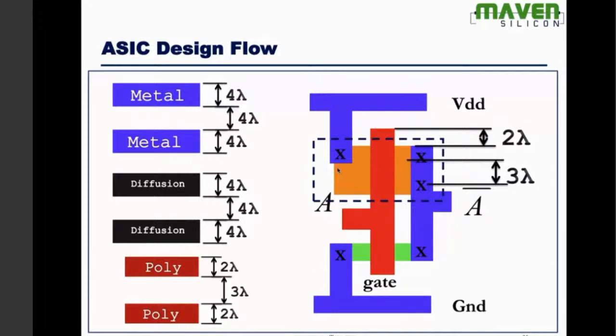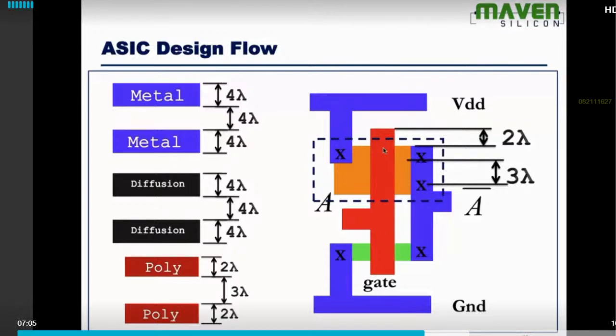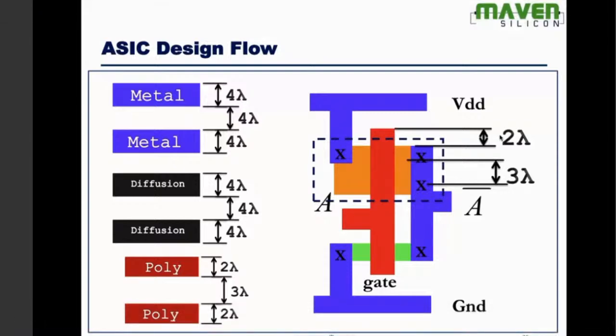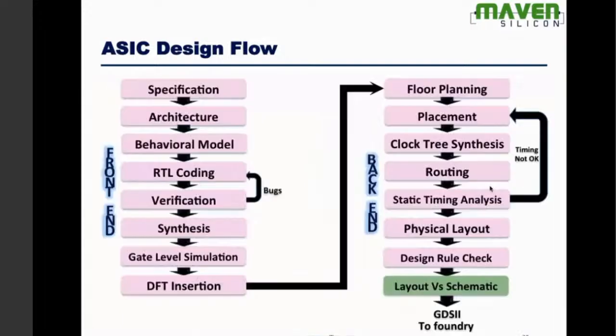So here, the space between the metal layers, in terms of lambda, or the width of the metal layer, everything is defined by the foundry, and the tool is going to apply these parameters, and the tool is going to check whether the complete layout follows the fabrication standards, and that's what is verified during DRC.